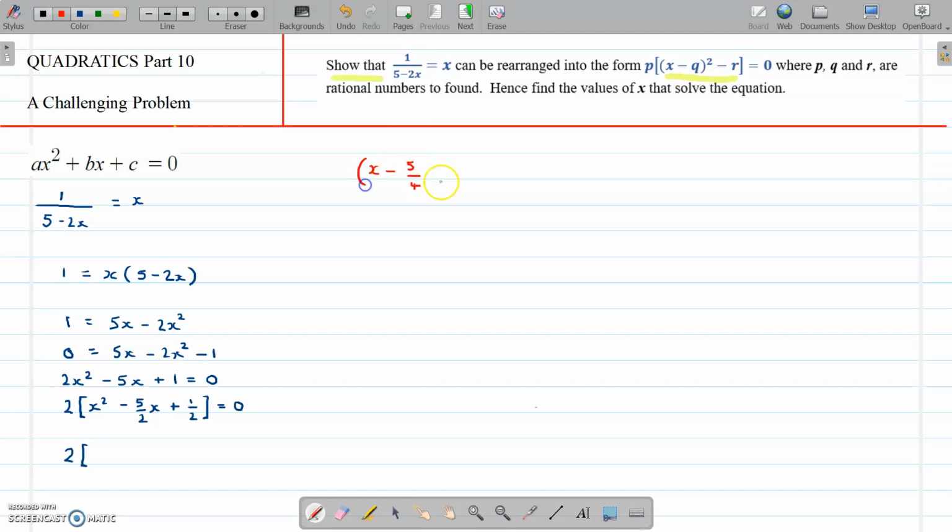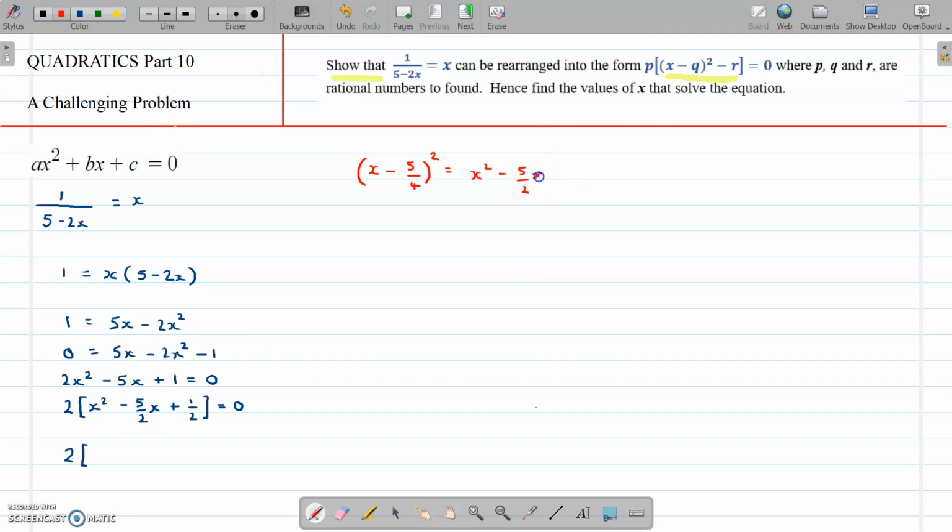And that gives me x squared minus 2 lots of 5 over 4, x, which is 5 over 2x, which I was expecting, that's why I did it, to get the 5 over 2x.